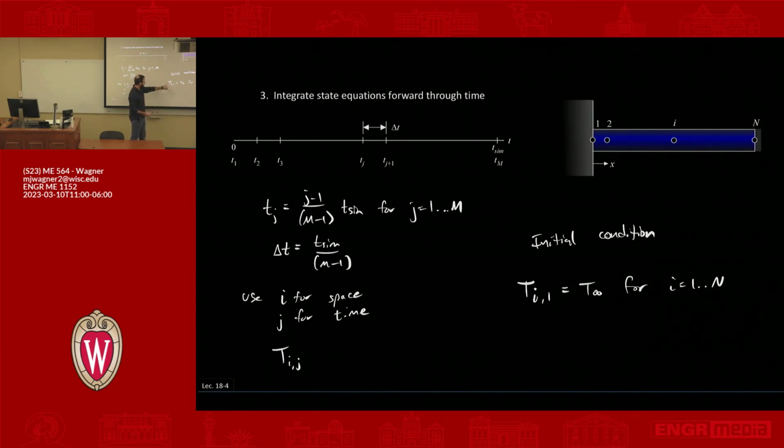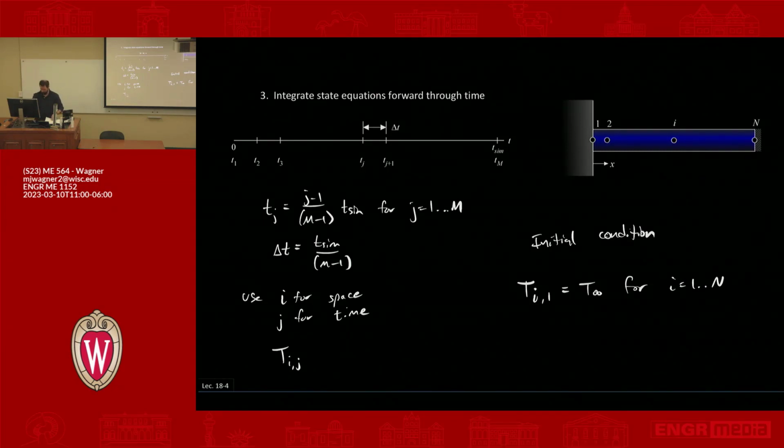Here we would say, I'm going to vary the index I from 1 to n. And for every index I, the first entry in that vector is going to equal T infinity. So you can imagine this 2D matrix, and you're going through and filling out the first value of every row here. And then as you go forward in columns, you're going to be adding the temperatures as a function of time in each column.